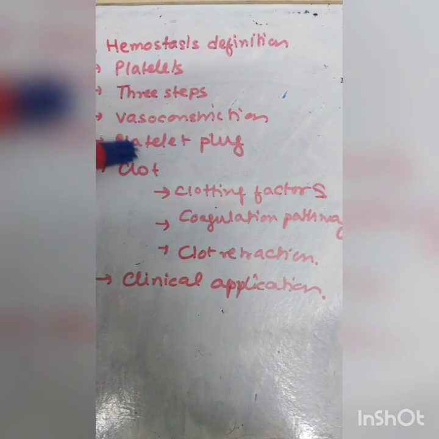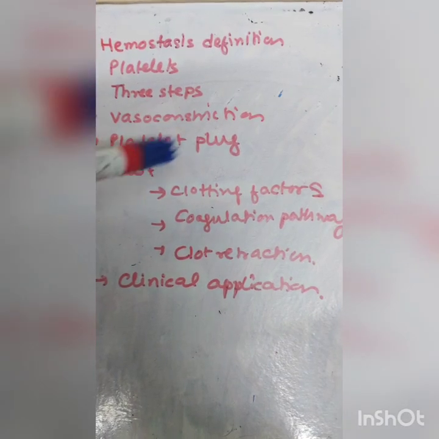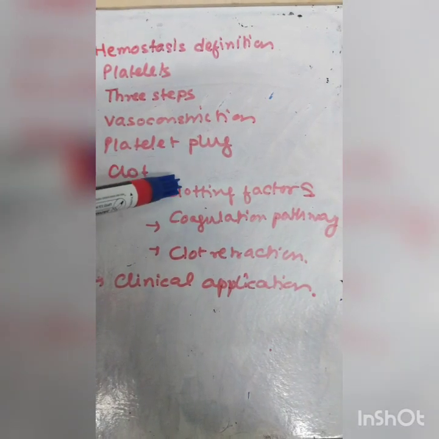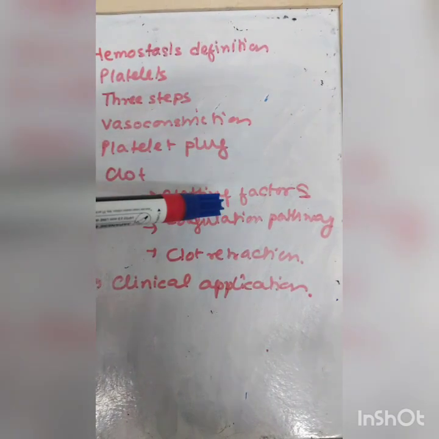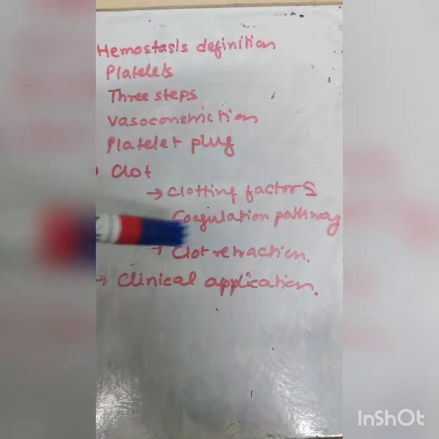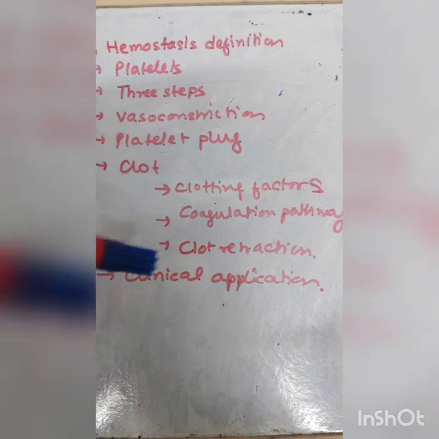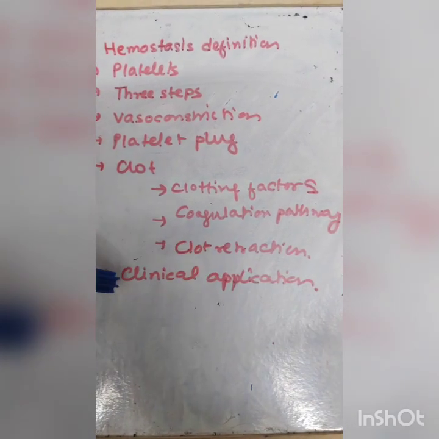Describe these 3 steps in detail, and when you are writing about clot formation, first write about the clotting factors, then mention the coagulation pathway, the extrinsic pathway and the intrinsic pathway. Then also write about the clot retraction, and finally write about the clinical application.